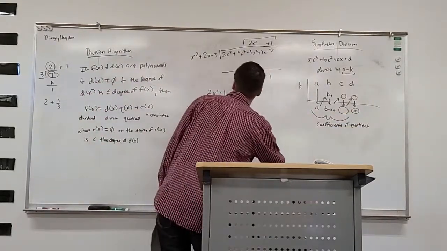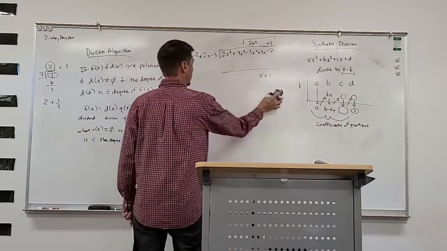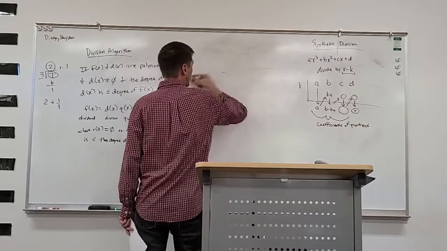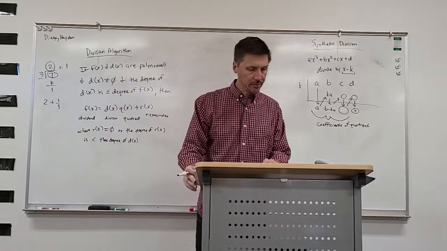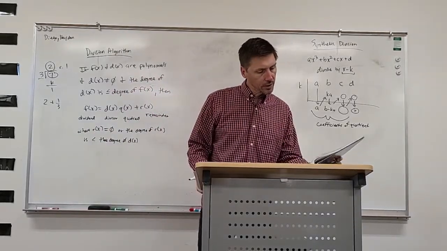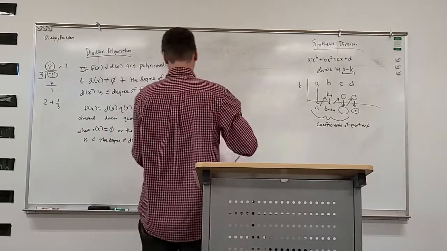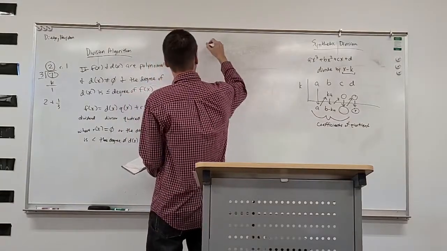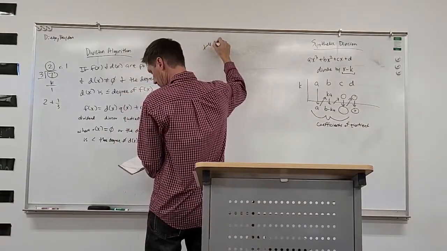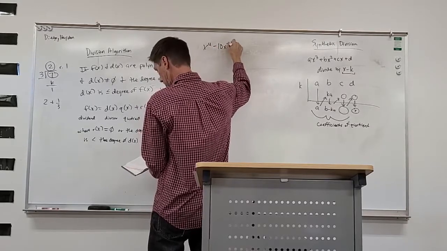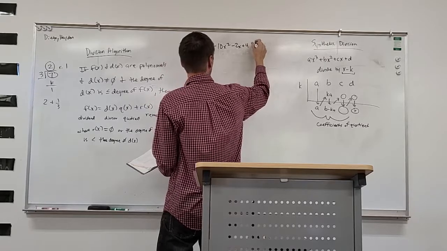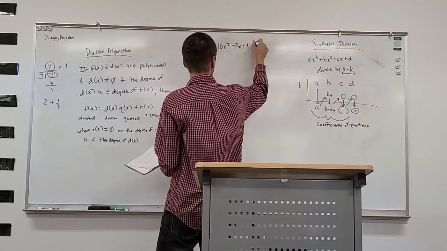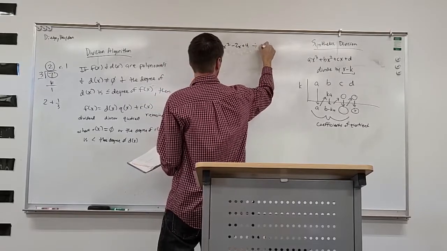All right, so let's see an example of that, because it's much easier to follow if we have some actual numbers to work with. So page 116, we're going to use synthetic division to do x to the 4th minus 10x squared minus 2x plus 4, divided by x plus 3.